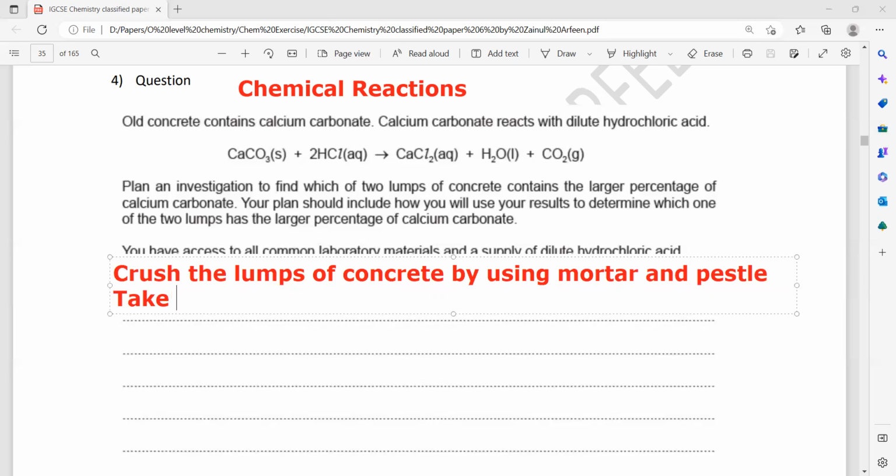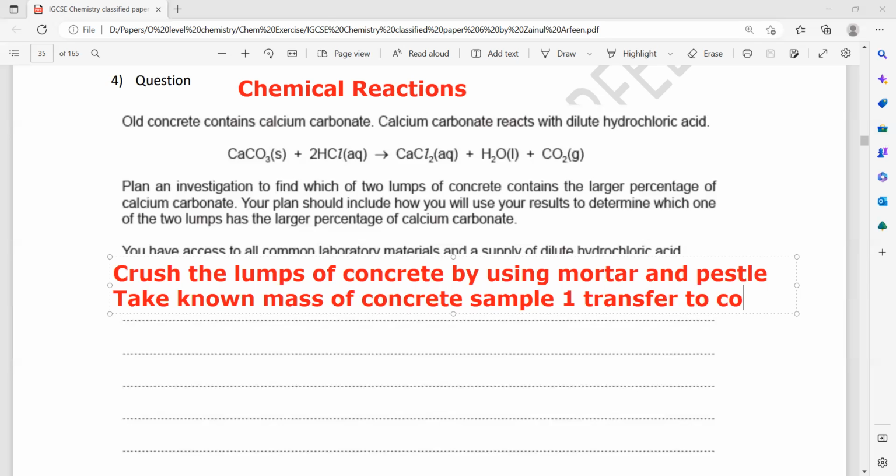Then we will take a known mass of concrete, sample A or sample 1, measure the mass by balance and then transfer into a conical flask.